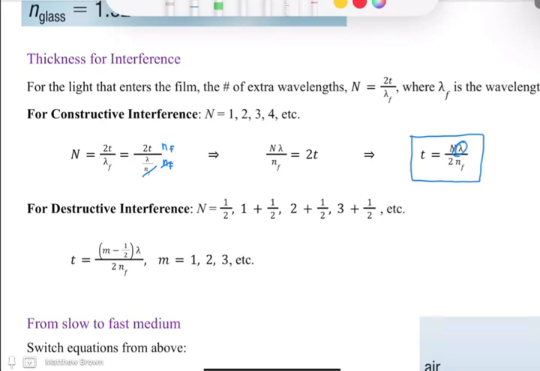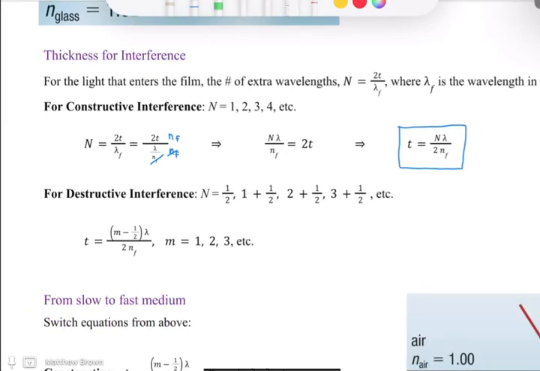So similar to what we did before, we're using m for destructive interference, and in this case we get an equation that's very similar to the last one. It's just got a half in there, so 1 minus a half, 2 minus a half, etc., and we end up with that right here.